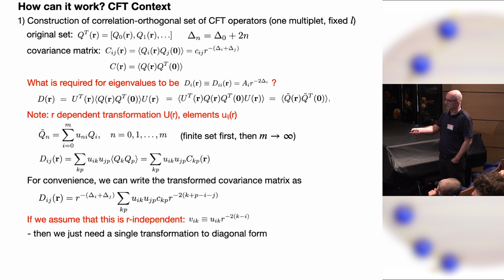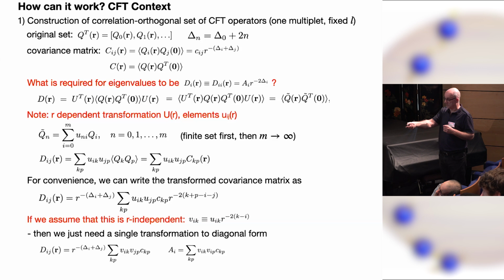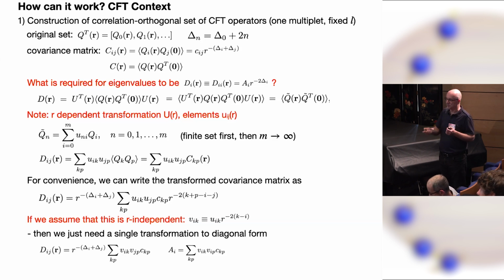Then if that R dependence is attached in this way, I just get something like that. And now I just have to diagonalize one matrix, and then I get the full R dependence of the form required. So once it's diagonalized, delta I equals delta J. I don't know if this is true for a CFT or not, but I think this is actually what's required.